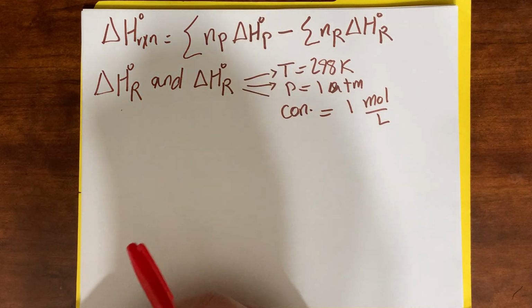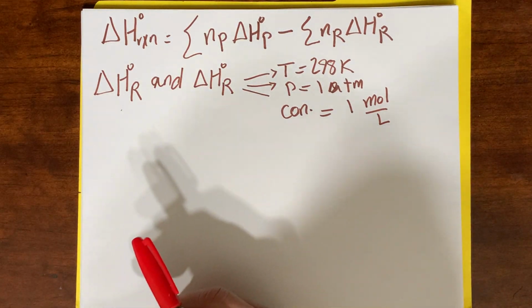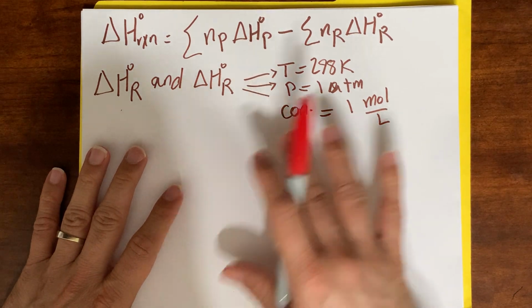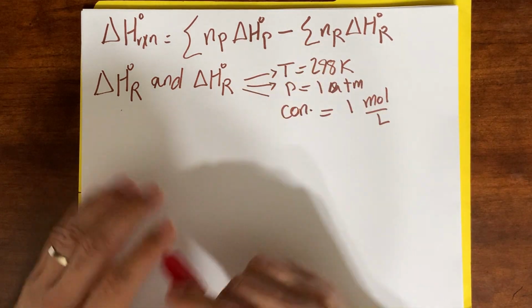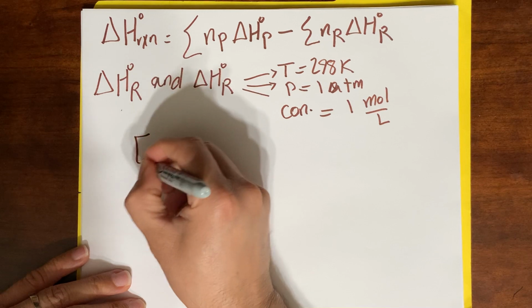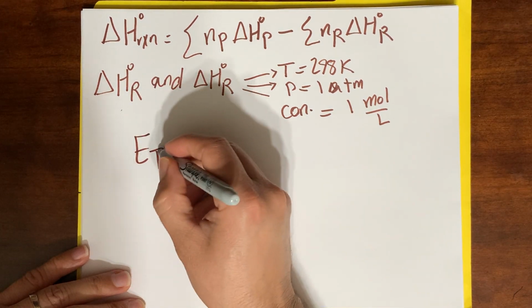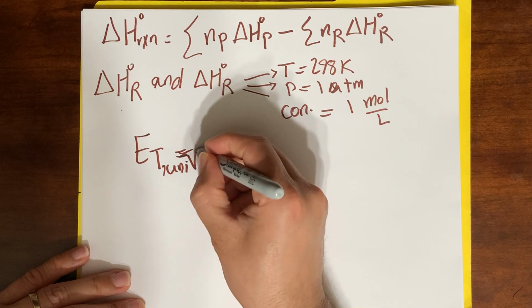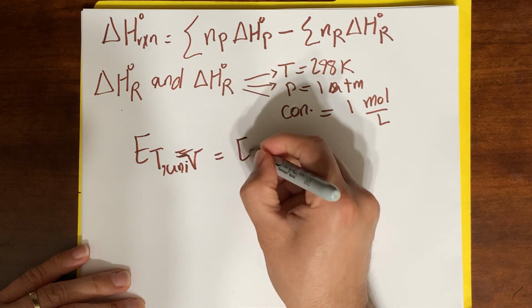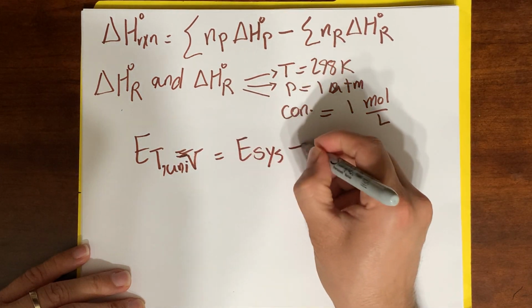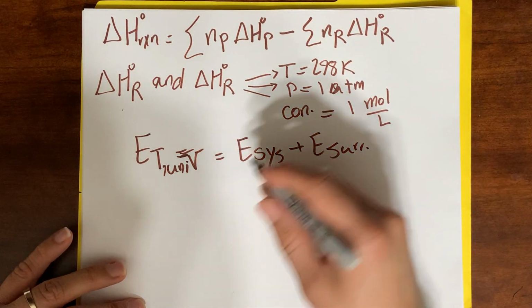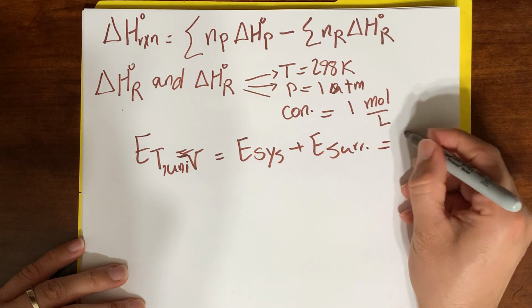Then the first law of thermodynamics was saying that the total energy of the universe is a constant number. The energy of the universe is equal to the energy of the system plus the energy of the surroundings, and this is a constant.